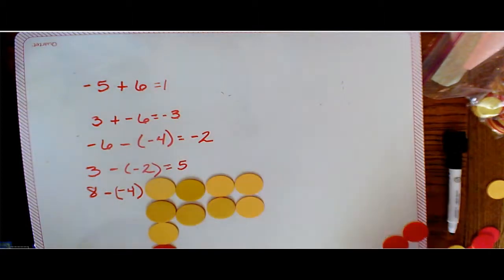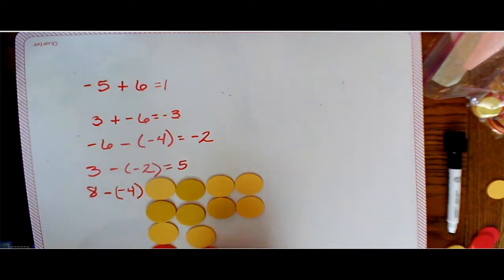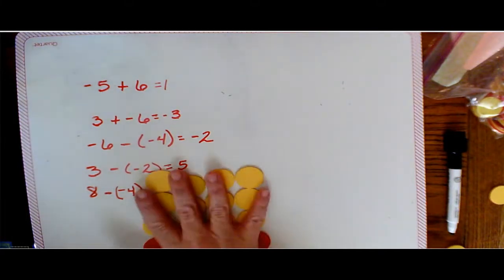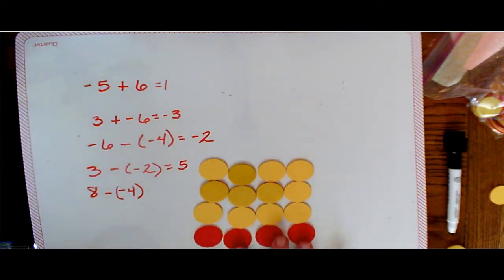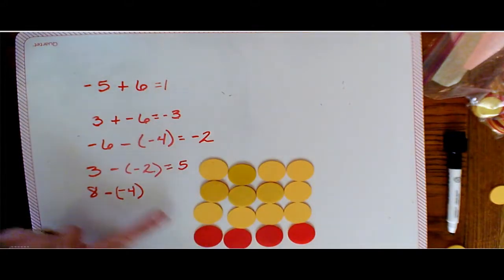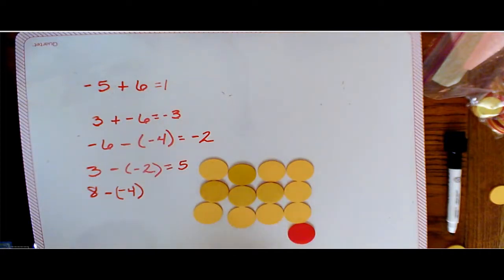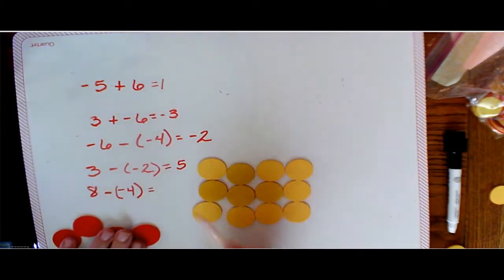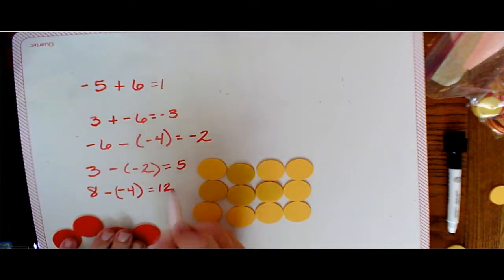There's 1 0 pair, 2 0 pairs, 3, 4 0 pairs. Now I can take away a -4. 1, 2, 3, 4. That leaves me with a positive 12.